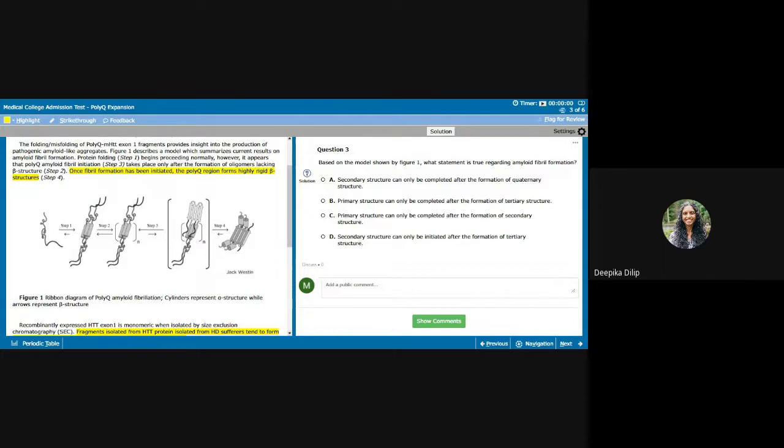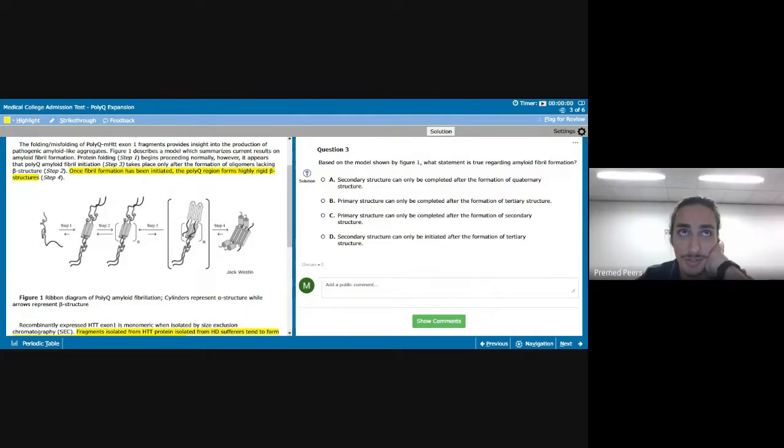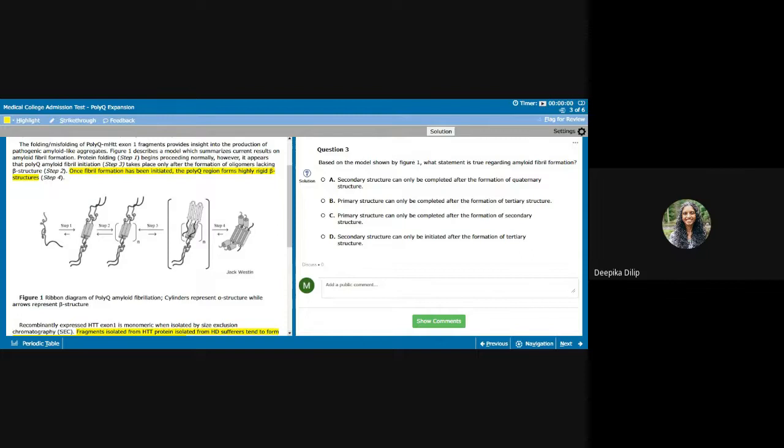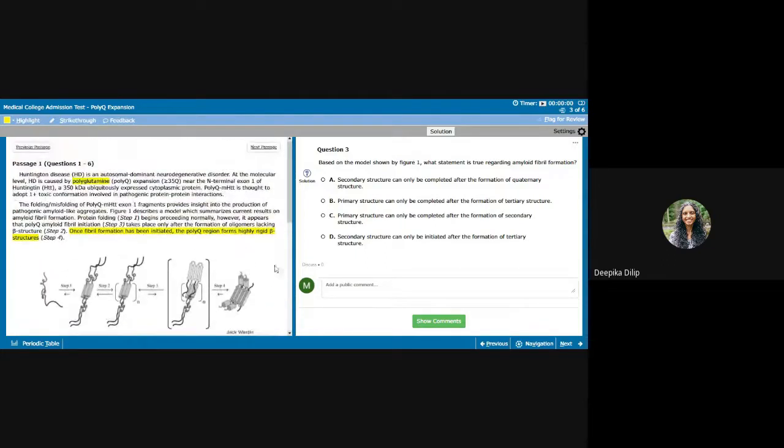Are fibrils tertiary or quaternary? Sorry, can you go back up in the passage? Expansion.